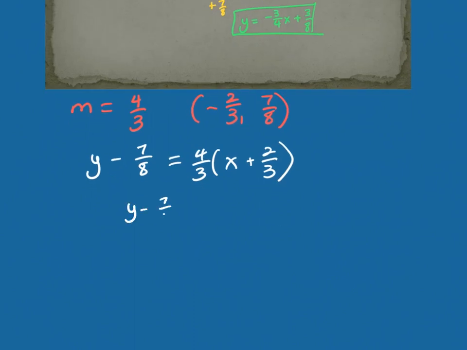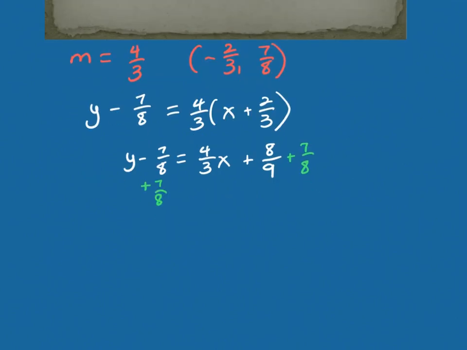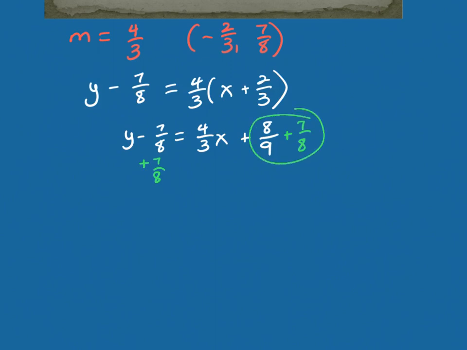Y minus 7/8. Distribute the 4/3: 4/3 x plus 8/9. Add the 7/8. This time when I add these together, I got to change both, right? So if the denominator's 72, then it'd be 64 over 72 plus 63 over 72.